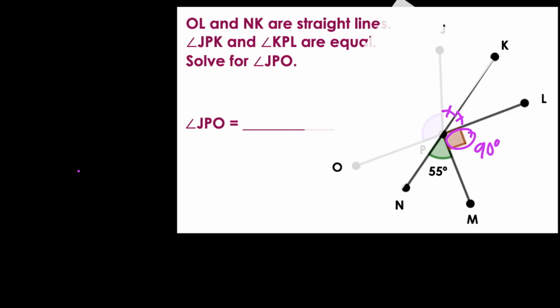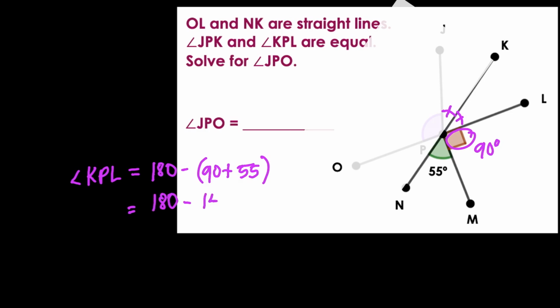Angle KPL would now be equal to 180 minus the sum of 90 plus 55. So that would be 180 minus 145, which gives me 35 degrees. So KPL is 35 degrees. And since JPK and KPL are equal, this is also 35 degrees.